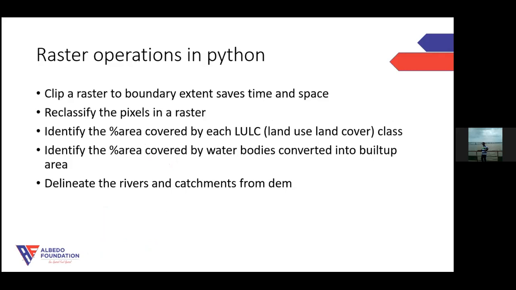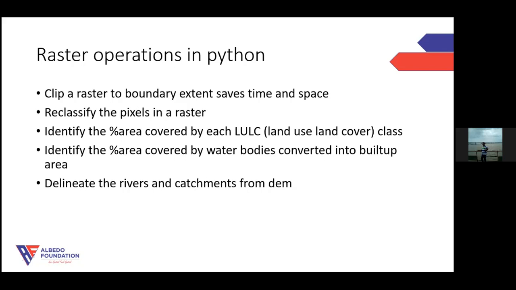We can do many raster operations using Python. For example, if you want land use land cover information, we have downloaded land use land cover data which may correspond to a 250 square kilometer or 1000 square kilometer area, but we want it just for our study area.